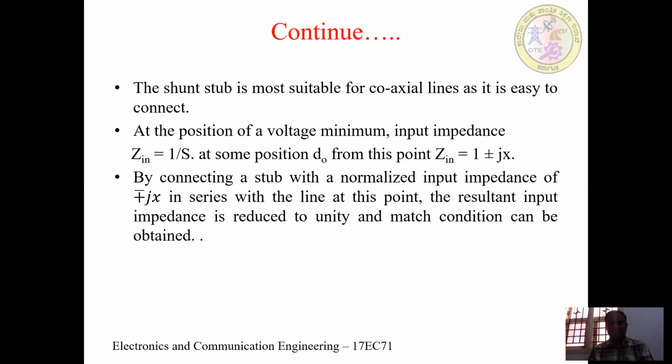By connecting a stub with a normalized input impedance of minus R plus jX in series with the line at this point, the resulting input impedance is reduced to unity and the match condition can be obtained. Here we are taking the reverse of this part: it is plus R minus jX, so we take minus R plus jX at the point from that voltage minimum.